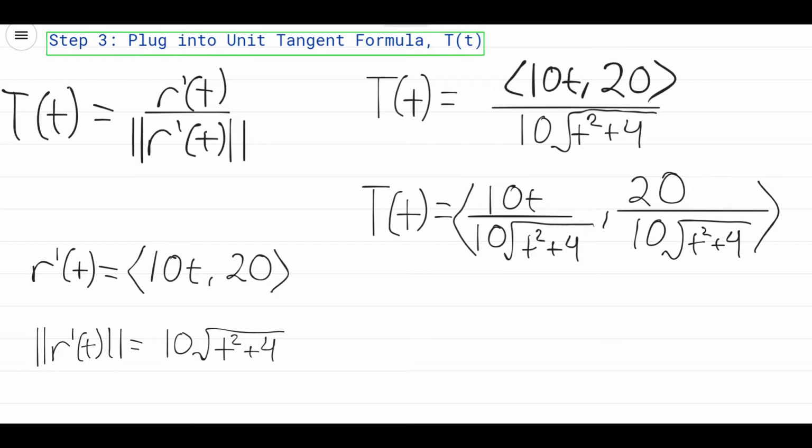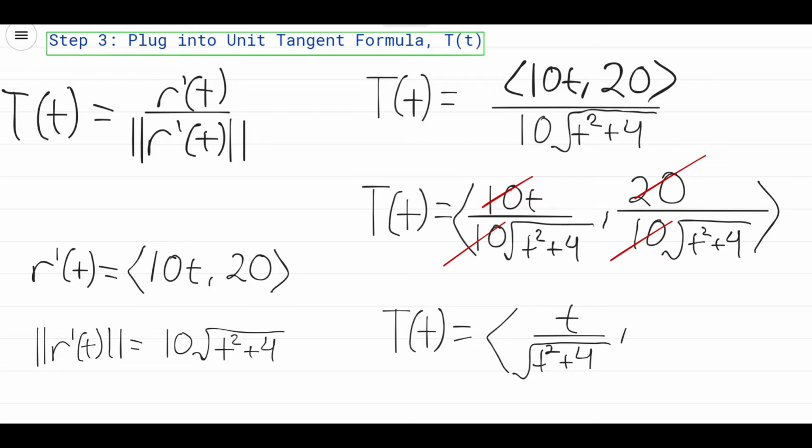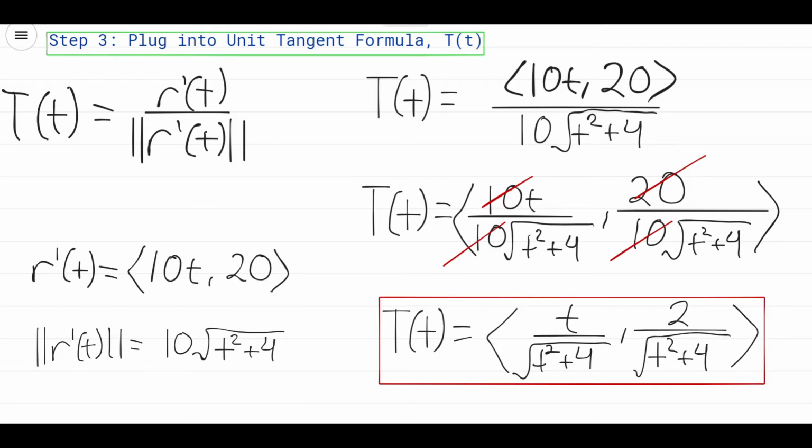Now we simplify by canceling out the 10 in the denominator. In doing so, we get the unit tangent vector t divided by the square root of t squared plus 4, comma 2 divided by the square root of t squared plus 4. And that's the answer. That's how we do this problem.